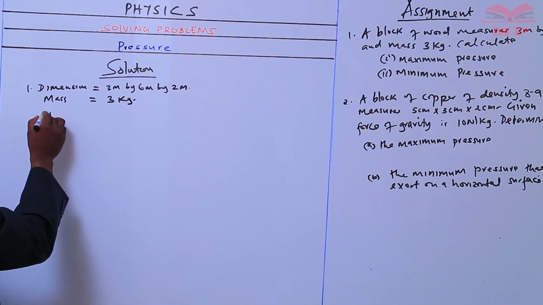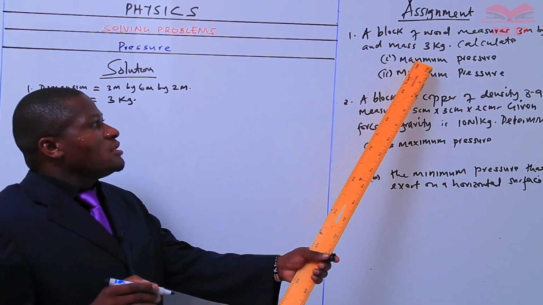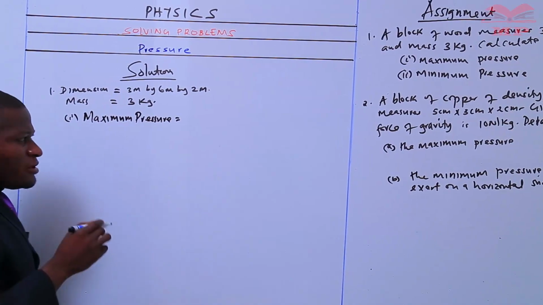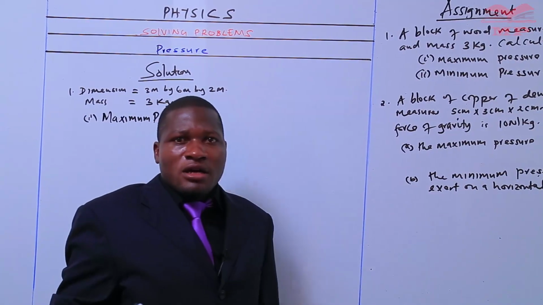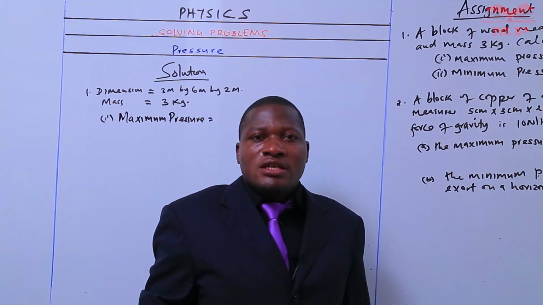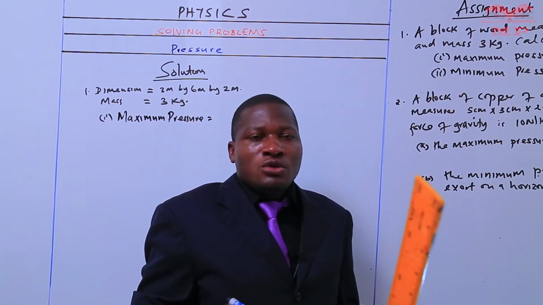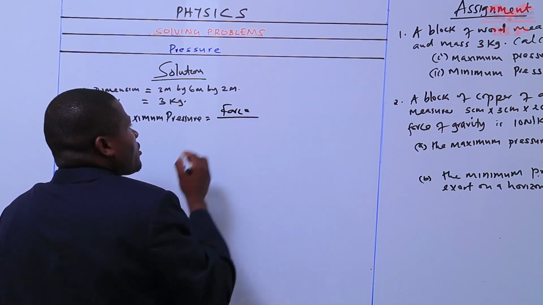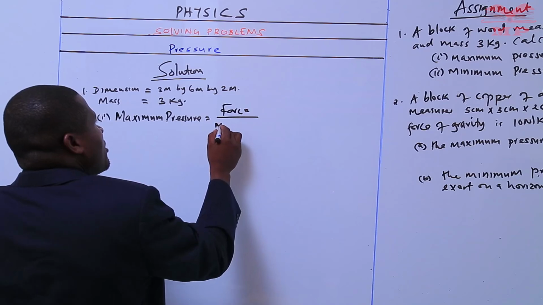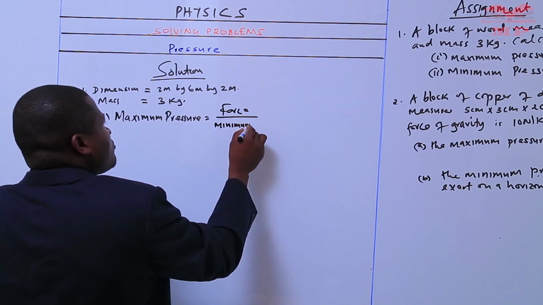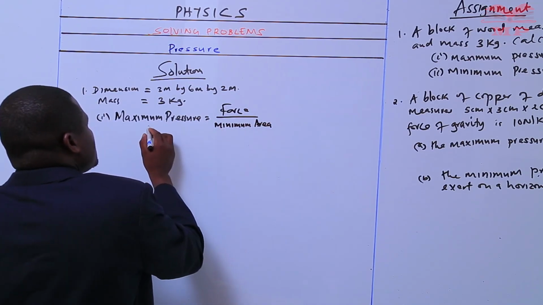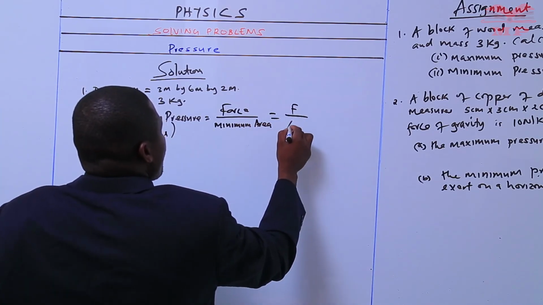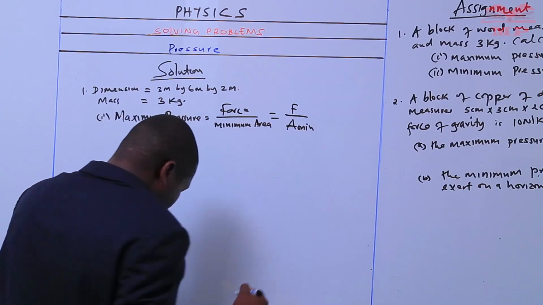Now, for (i), we are being asked to determine the maximum pressure. In our previous lesson, we had said that maximum pressure, P max, is just equal to the force over the minimum area, force over A minimum.